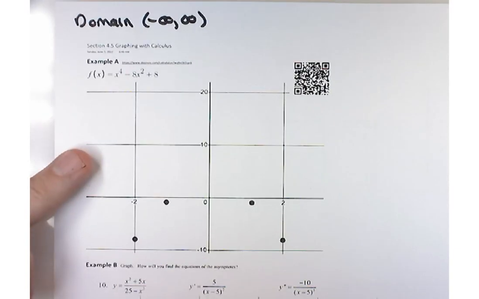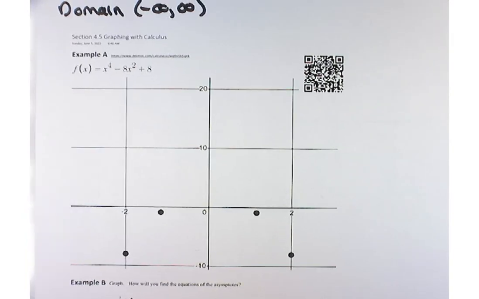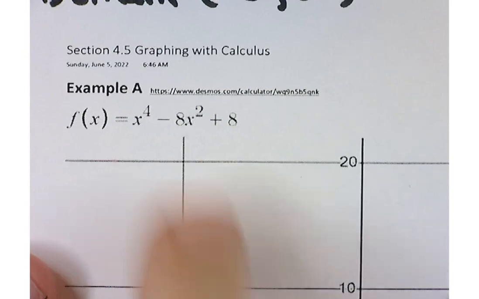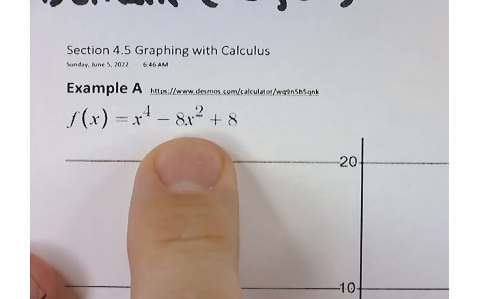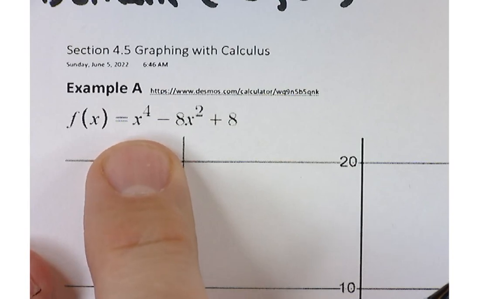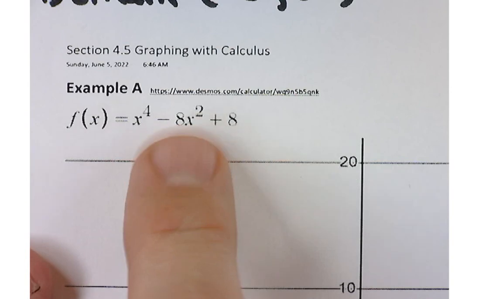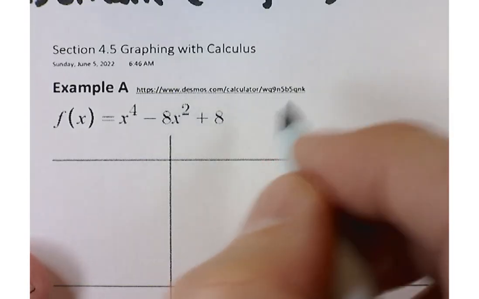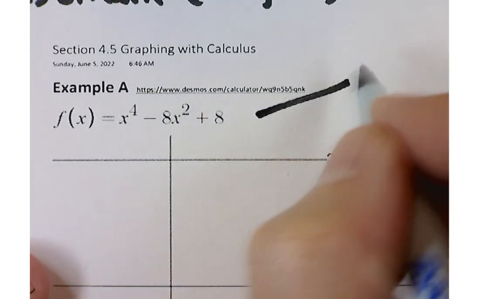There's something else that you can notice about this one if you're pretty good with your college algebra. X to the fourth minus 8x squared plus 8. If you were to substitute in negative x, well, negative x to the fourth and x to the fourth are going to give you the same thing. Same thing with your squared term. In other words, this is an even function.